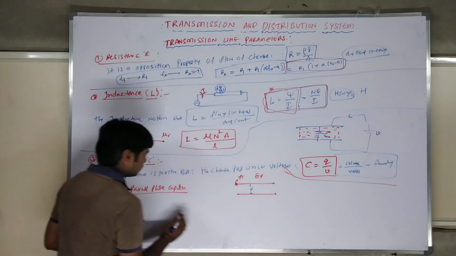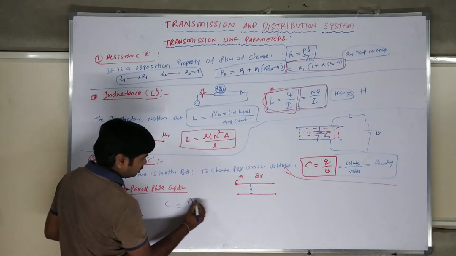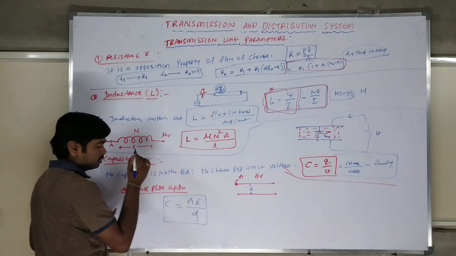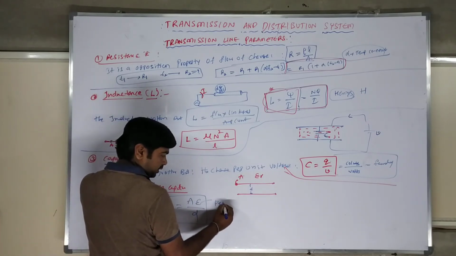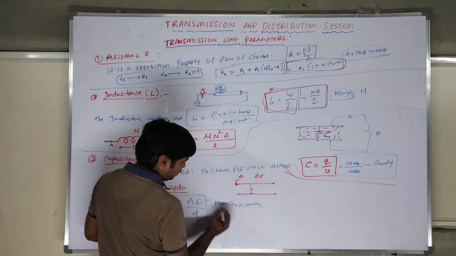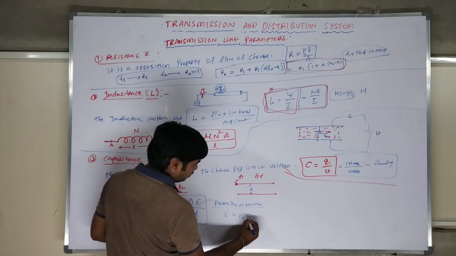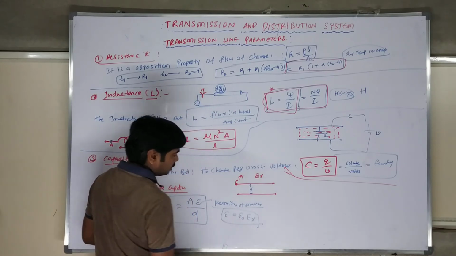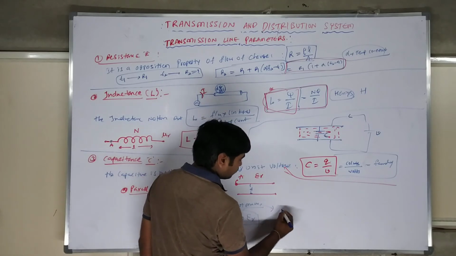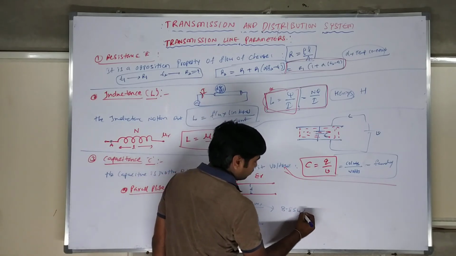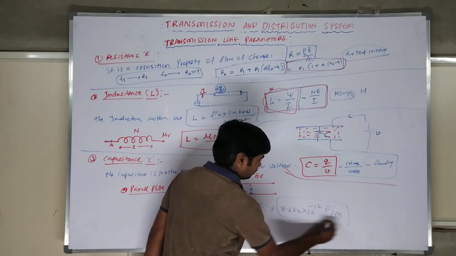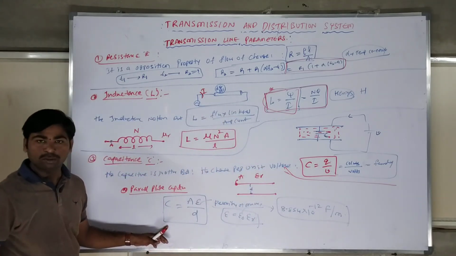That time the capacitance value C is equal to A epsilon by d. Epsilon is called the permittivity of the material, epsilon equal to epsilon naught into epsilon r, where epsilon r is 1 for air. Epsilon naught is 8.854 into 10 to the power of minus 12 farads per meter. This is the parallel plate capacitor.